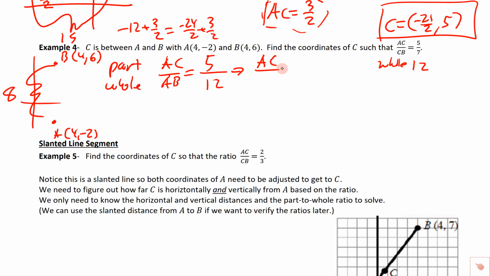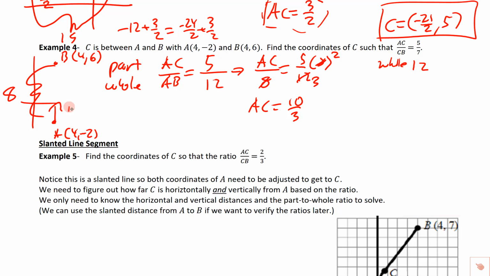So we have AC over, Sai, how long is it from A to B? 8. Whoops, 5/12 multiplied by 8. 10/3? Yeah. Okay.